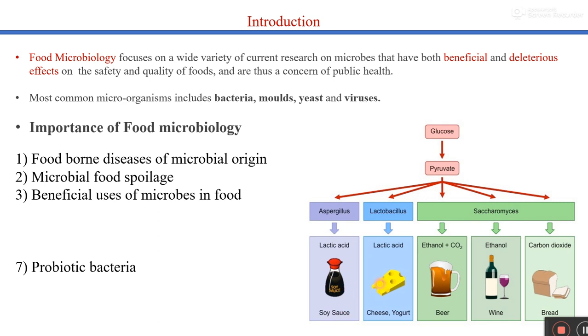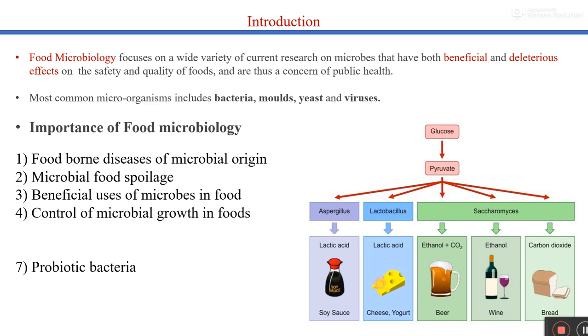The fourth importance of food microbiology is that it helps in finding the way to control the microbial growth in food. This is done by regulating the temperature, pH, and humidity of the environment. The fifth main importance is that it helps in finding the way to reduce or destroy the microbes in foods.